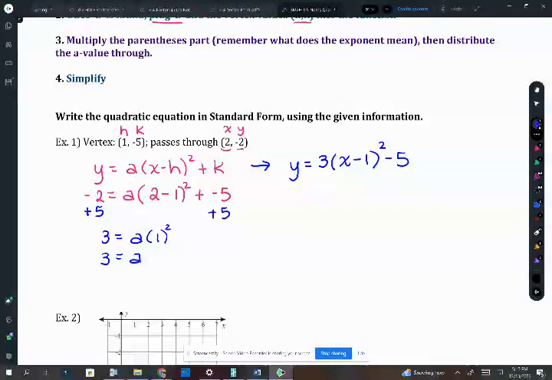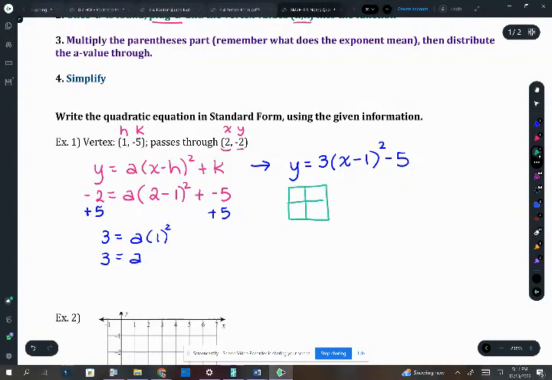If we're going to standard form, then we just expand that out. So the very first thing that I would do is I would take care of this (x minus 1) squared. And whether you do that in a box, which we could do quickly, or whether you just expand that out using distributive property. Remember, we've got x times x, which is x squared, x times -1, which is -1x. -1 times x is -1x, and -1 times -1 is 1.